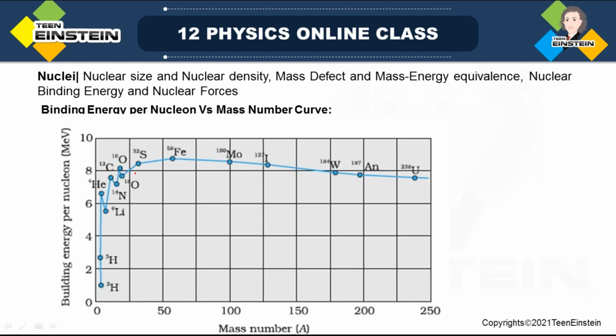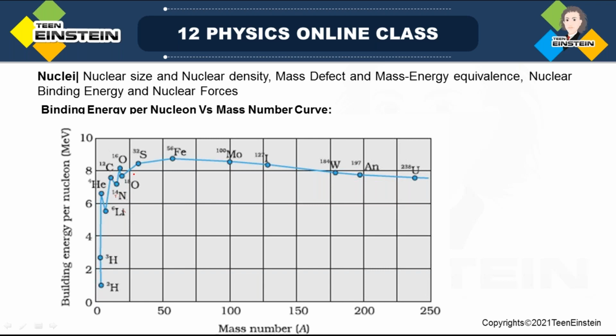Yeah, so up to here this curve indicates that lithium, then nitrogen 14 and oxygen 18 have lower values of binding energy with respect to their neighbors, like helium for lithium, and then carbon, which has greater binding energy than nitrogen.